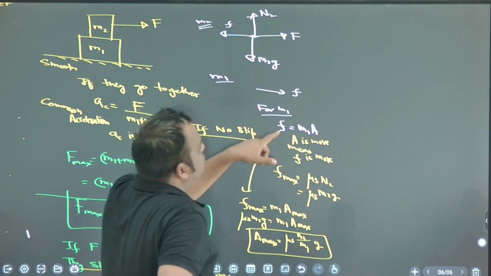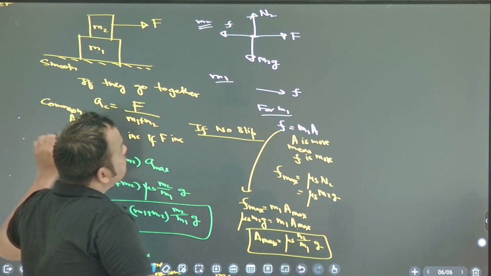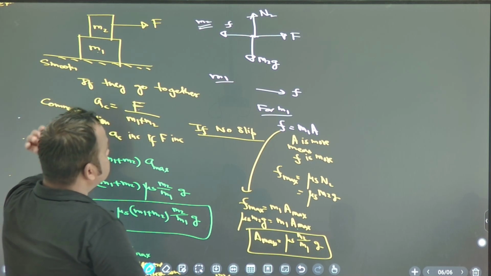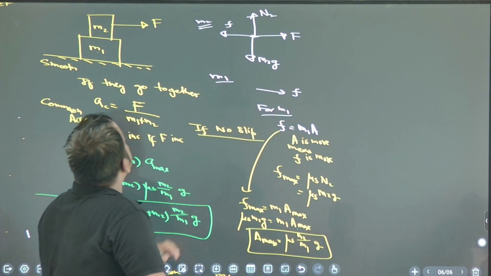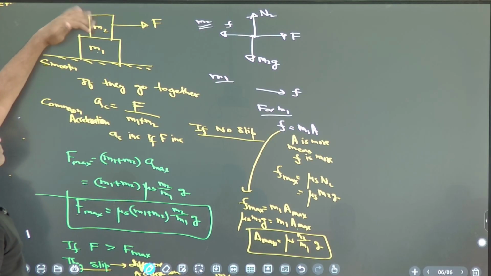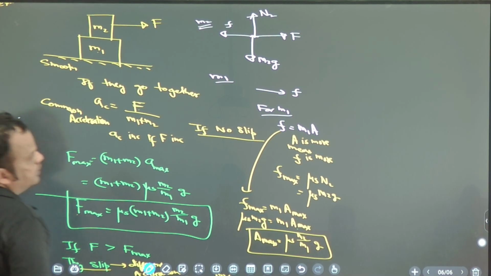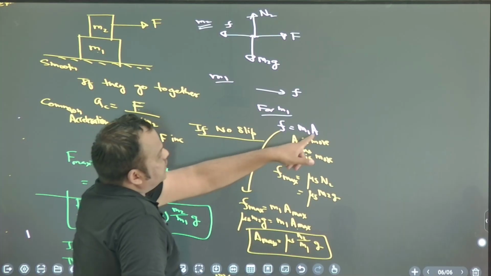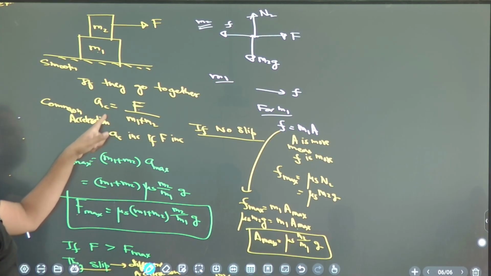Common acceleration, so friction is M1 a. For M1, friction is this F. What is the direction of friction on M2? Left. Friction on M1? Right side. So F is equal to M1 a. This is the common acceleration.